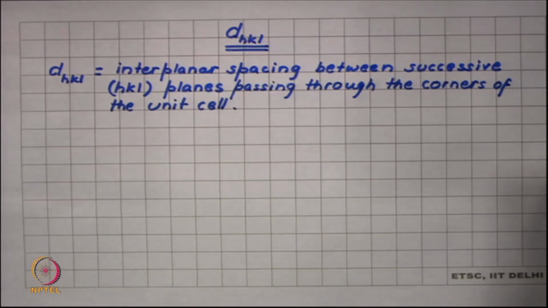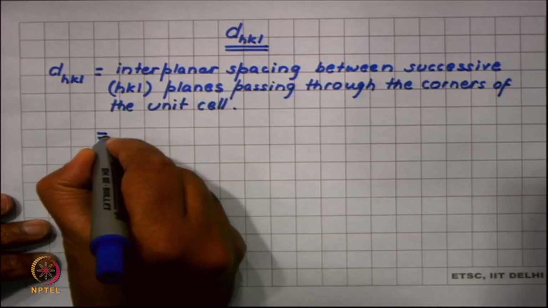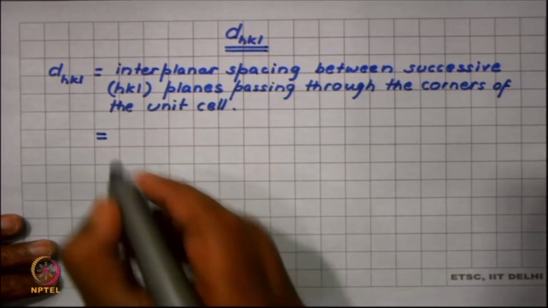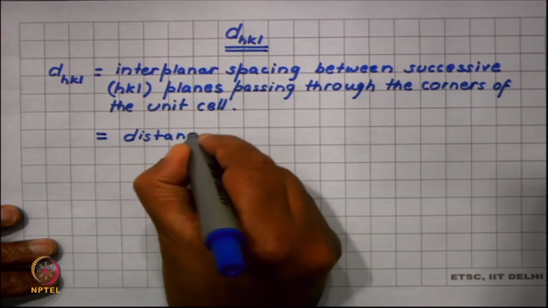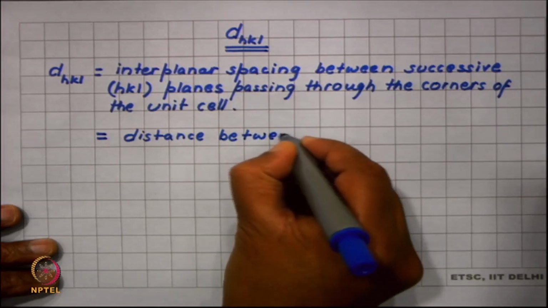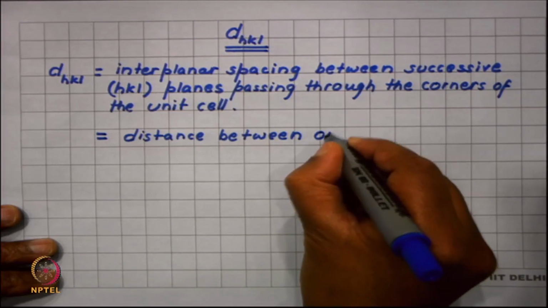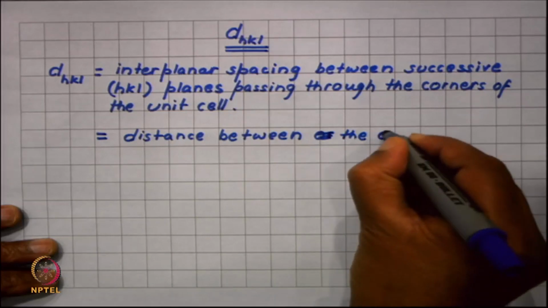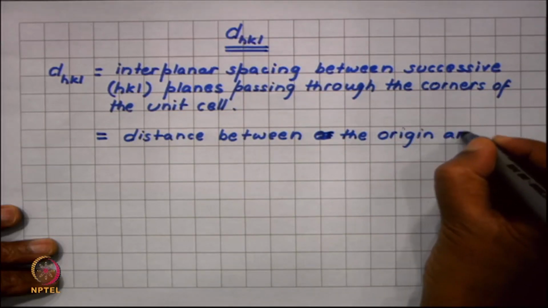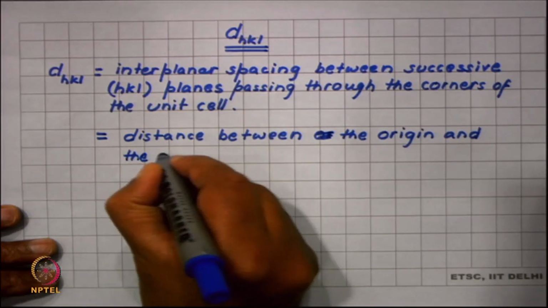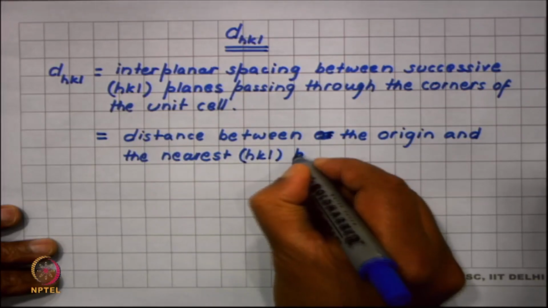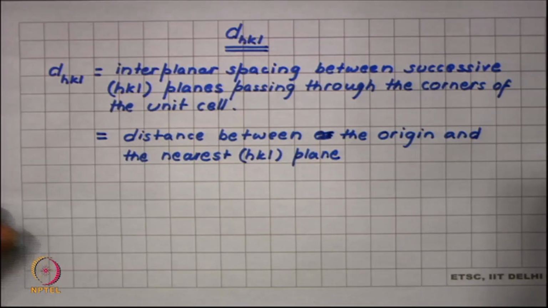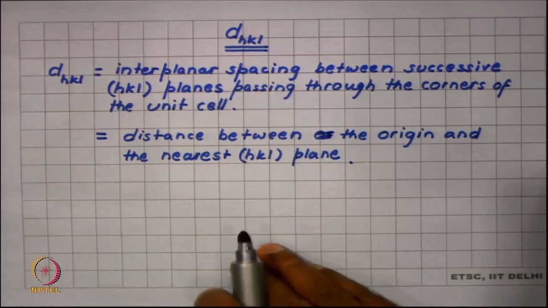Another way of looking at it is the same distance will also be equal to the distance between the origin and the nearest hkl plane. So, once we see some example, it will become clear.